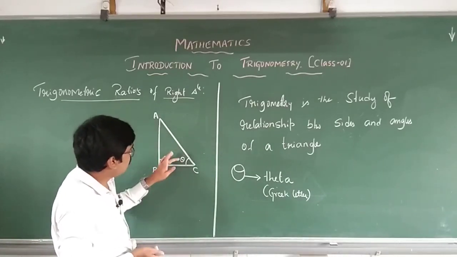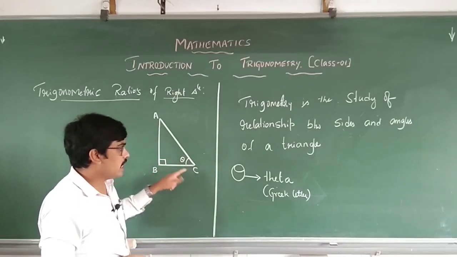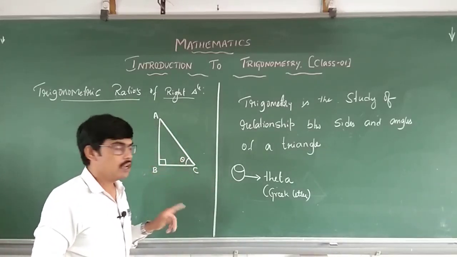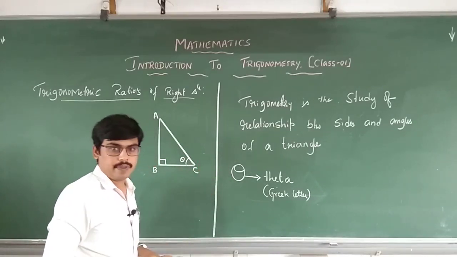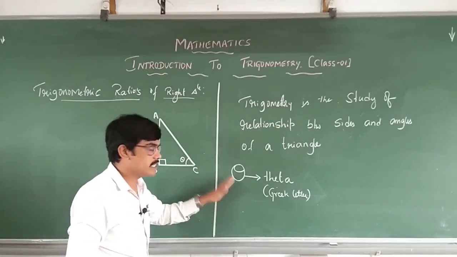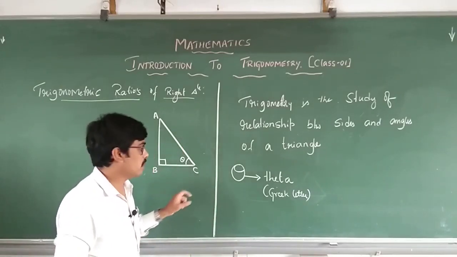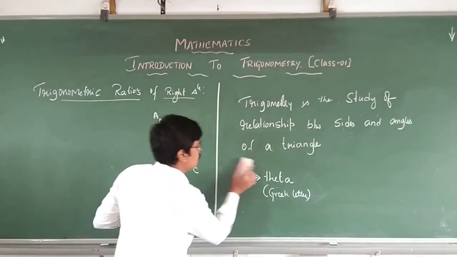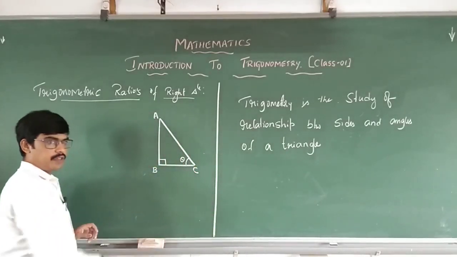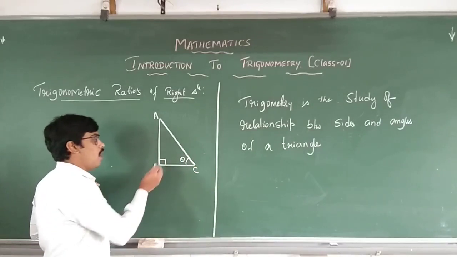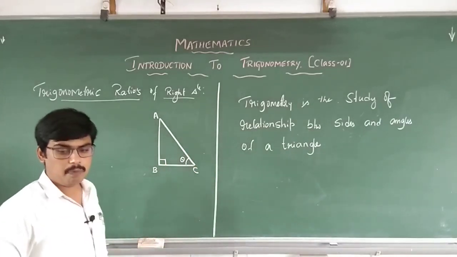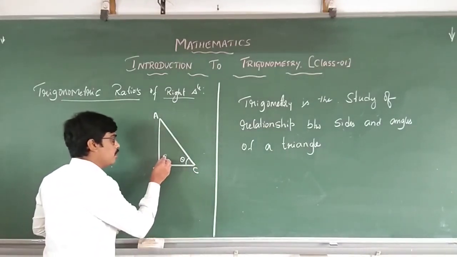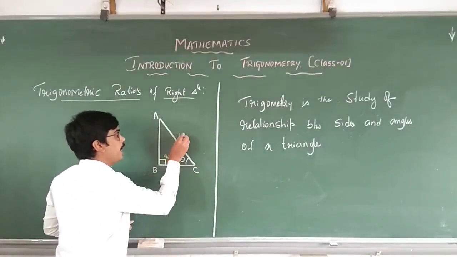So we can say these two angles are acute angles. In a right angle triangle we use the letter theta to denote the acute angle. We read this as theta, a Greek letter, a notation for the angle. Like alpha and beta we were using, similarly we call this theta. Now we can observe there are three sides. Clearly, the side opposite to the right angle is called the hypotenuse.